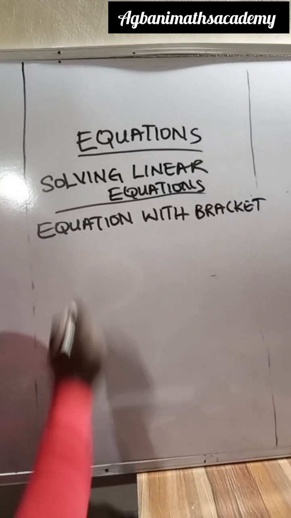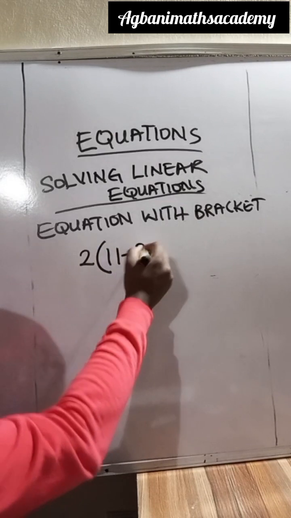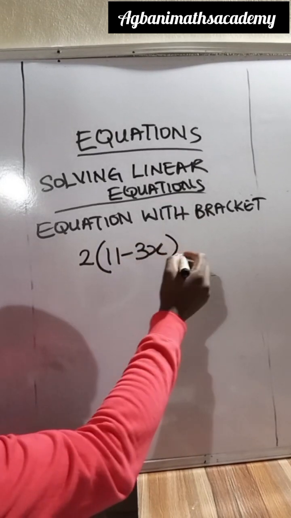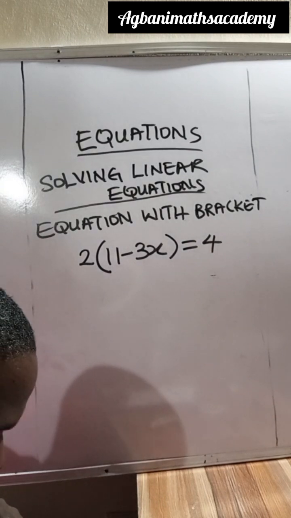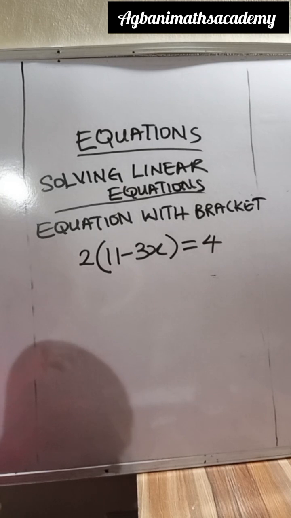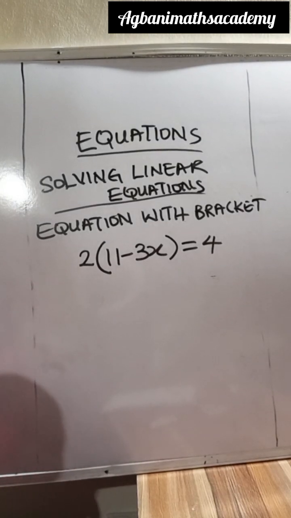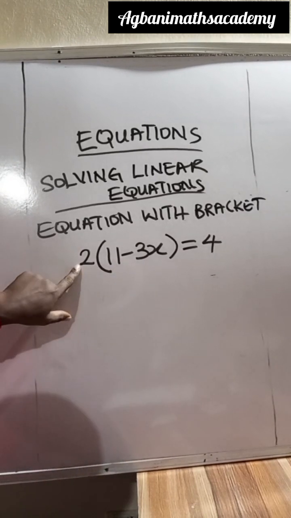The next question says 2 into bracket 11 minus 3x is equal to 4. So let's use the method. Let's see who gave that explanation. He said instead of multiplying, what we are going to do is cancel out the 2 here.